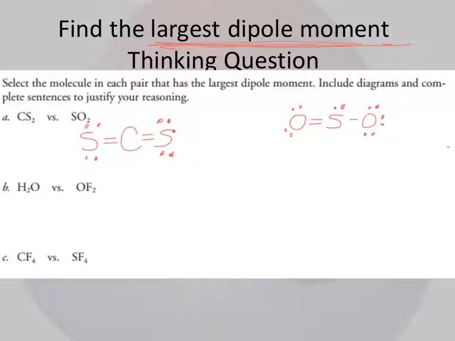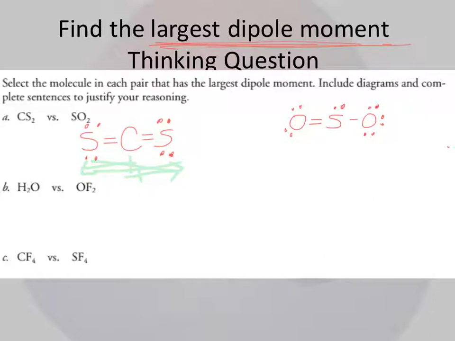And when you have a linear geometry, automatically these dipoles between these polar bonds are going to cancel out. The sulfur is a little bit more electronegative than the carbon, and so it's going to pull like this, and essentially these are going to cancel each other out, and there's going to be no dipole for that entire molecule.